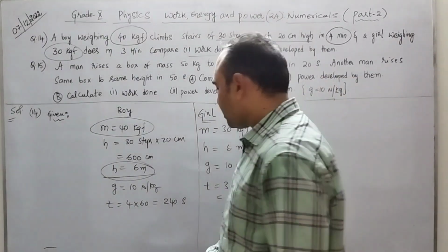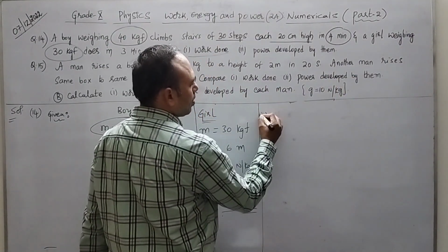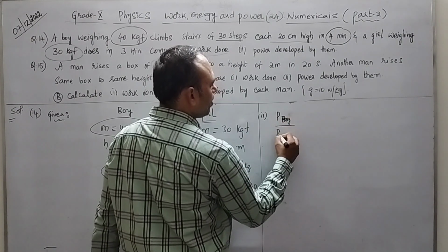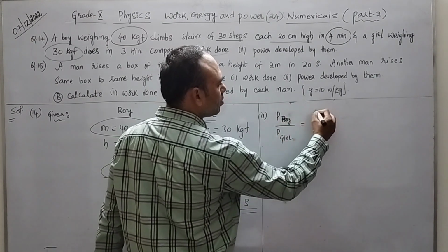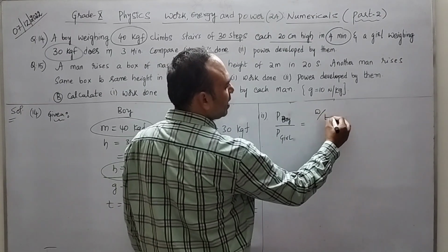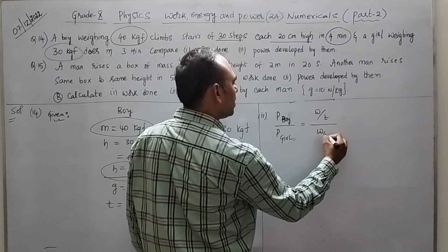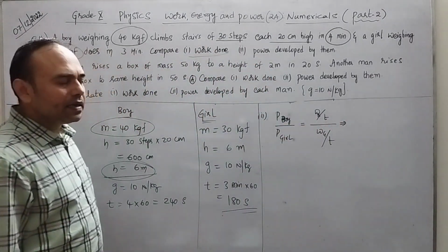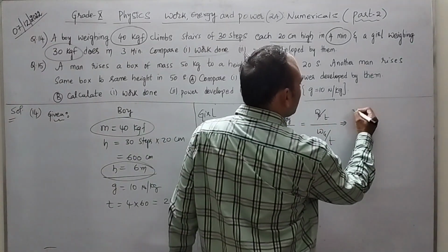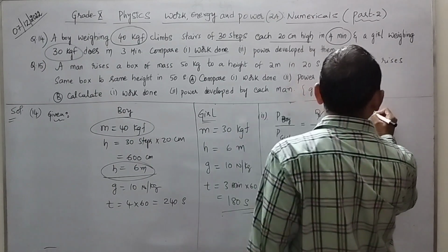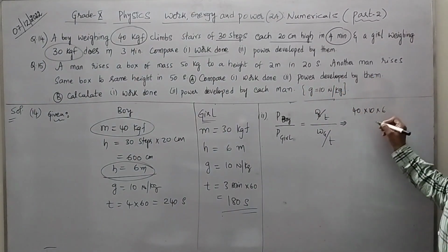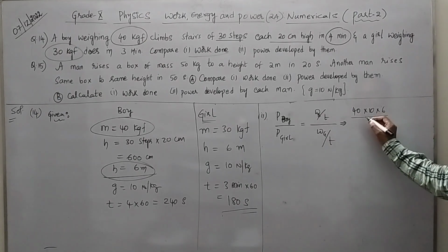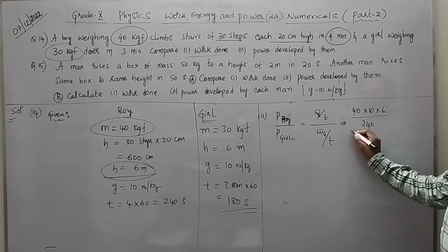See, comparing power is very simple. P boy by power developed by girl is equal to work done by time. This is also work done by girl by time. Just now we have calculated what is work. m, that is 40 into 10 into 6, divided by the time, 240 seconds.